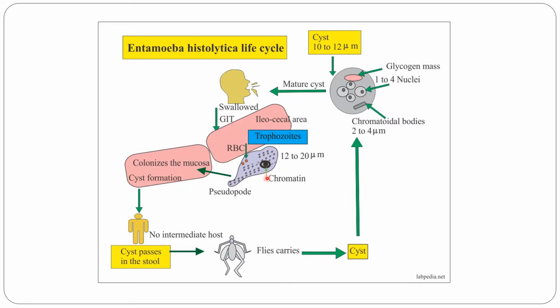And here you see the chromatin also shown. And this is the pseudopod, which is the character of amoeba. Now it forms colonies, and cyst formation takes place in the mucosa. This cyst passes in the stool of the human body.